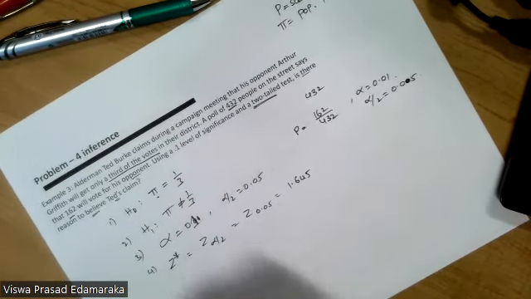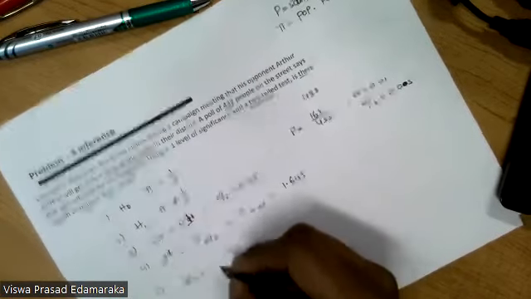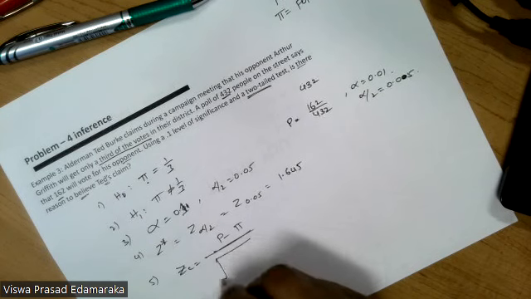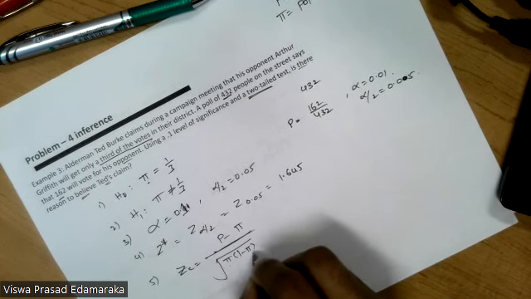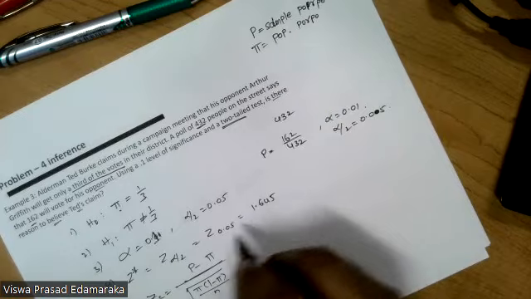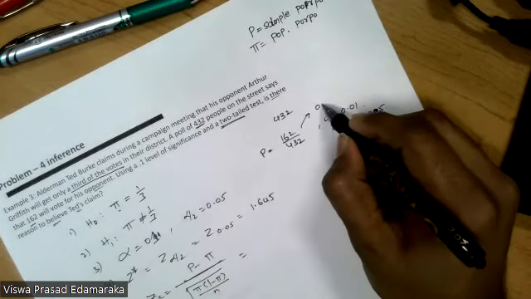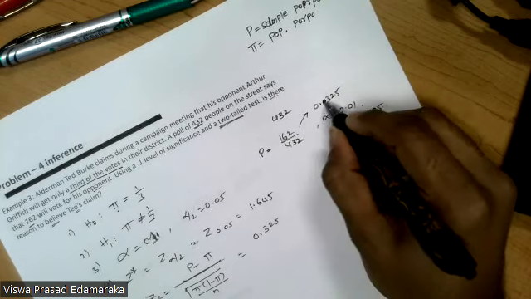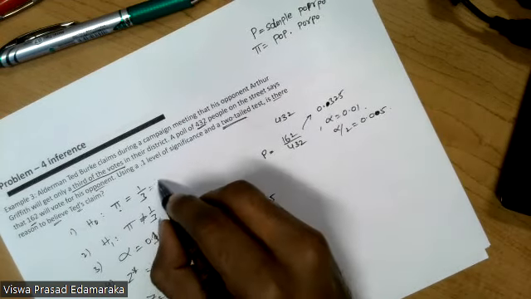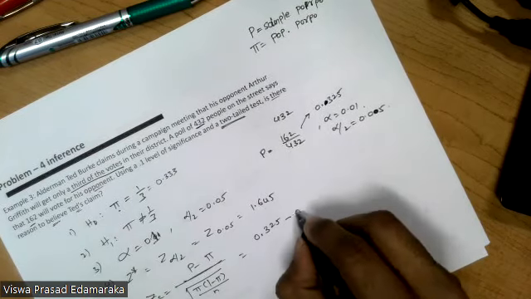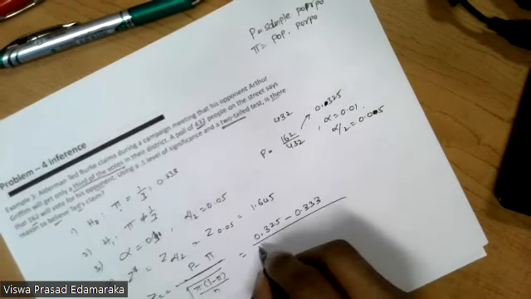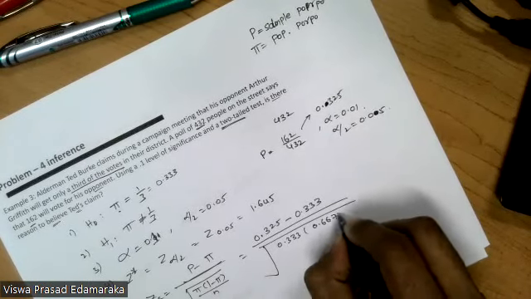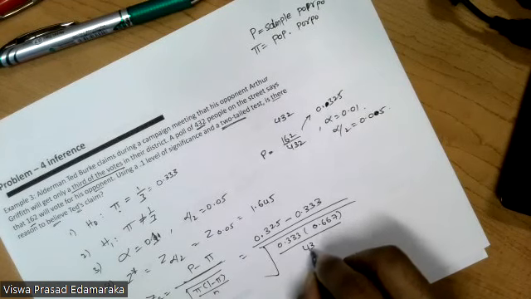1.645. So z calculated value, the formula is the difference of proportions divided by the standard error, the square root of pi times 1 minus pi by n. What is the sample proportion p? It's around 0.375. Minus pi value is 0.333, so 0.042 divided by root of 0.333 times 0.667 by 432.